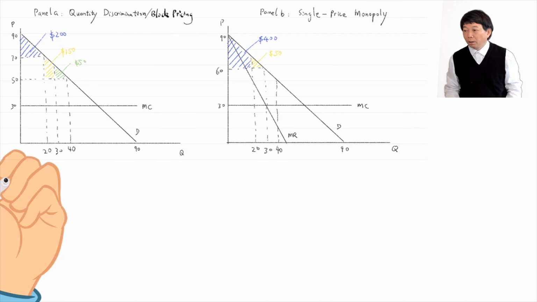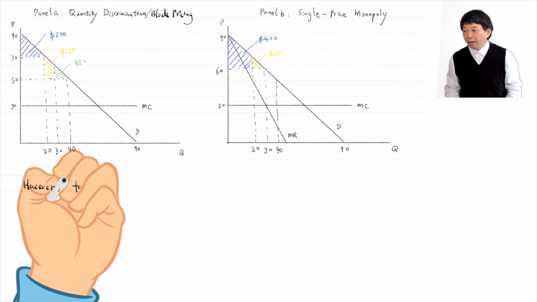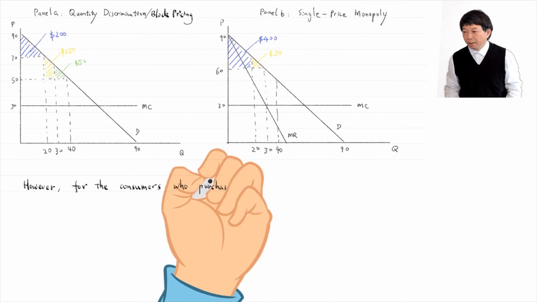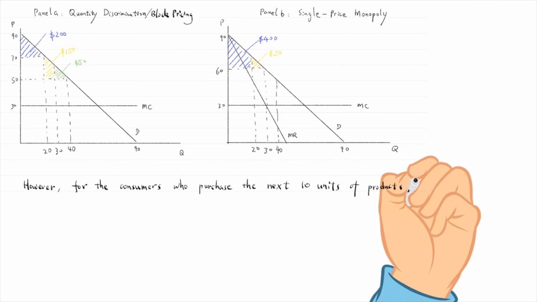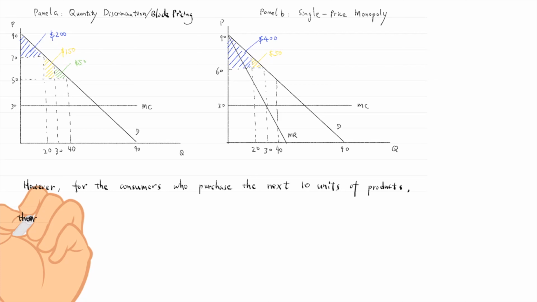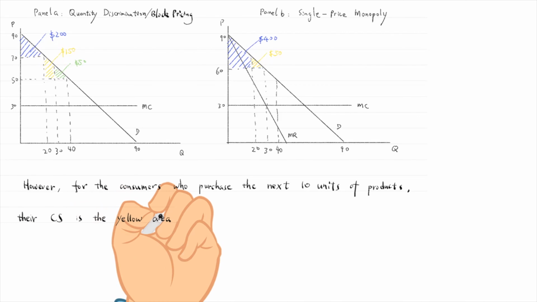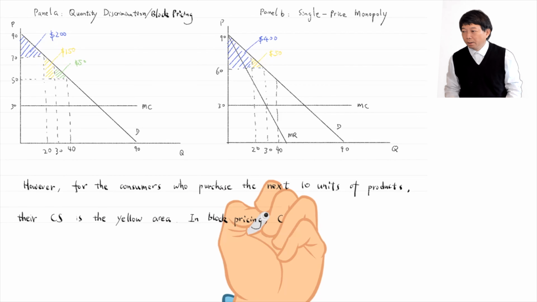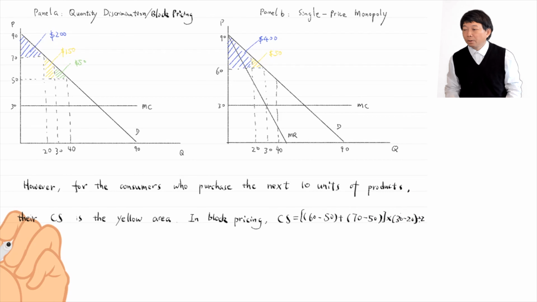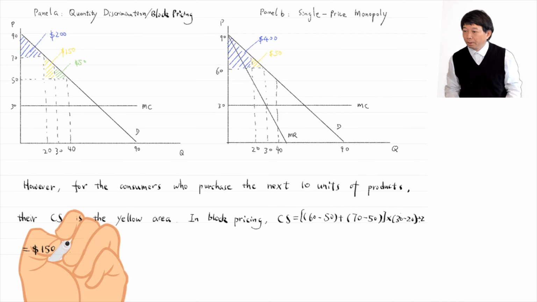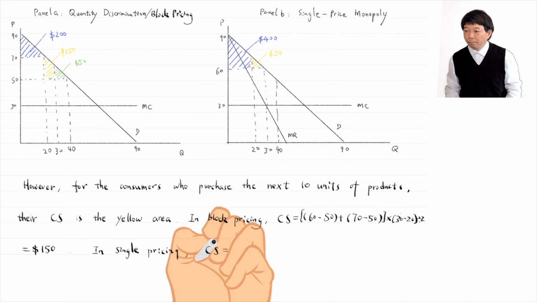However, for the consumers who purchase the next 10 units of products, their consumer surplus is the yellow area. In block pricing, the consumer surplus is $150, while in single pricing, the consumer surplus is $50.